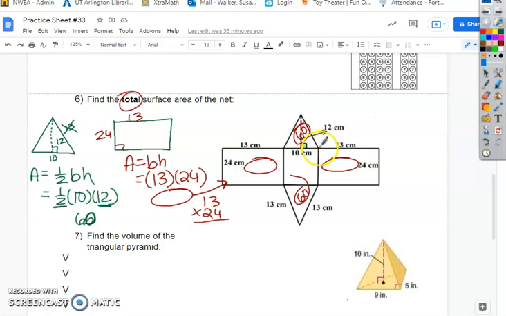This one is different though because I have a 10 here, 10 and a 24, okay? So this time I just do 24 times 10. And hopefully, guys, you know that's 240, okay? So once you get this and you put these 2 numbers here, then you're going to add them all together to find total surface area, okay?